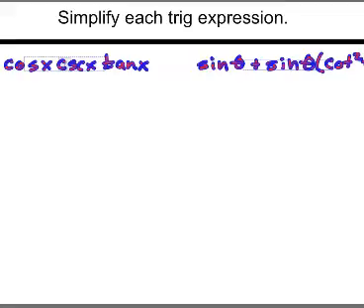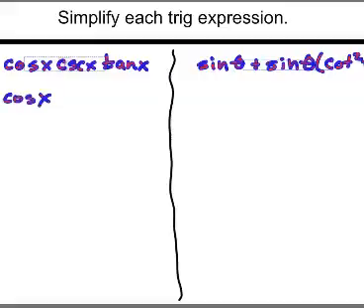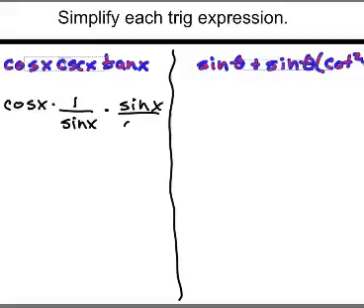Okay, so same ideas. I'm going to look at this one on the left, and I'm going to start by changing everything to sine and cosine. Well, this first one is already cosine, but then cosecant is 1 over sine, and tan is sine over cos.